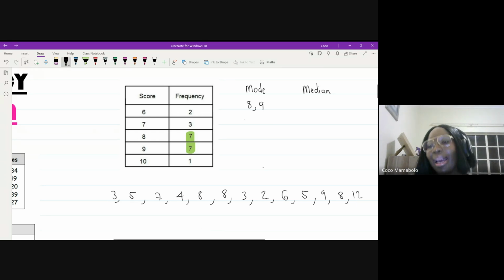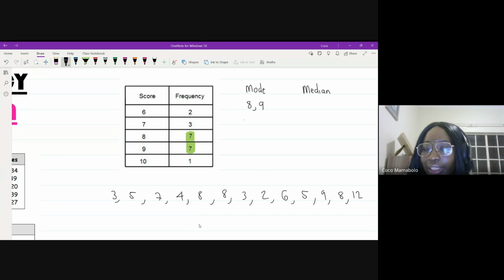Correct. But if I find the number sitting in the middle of all of this information, that's not going to tell me very much. Why not? Because my data is not arranged. What should I do with the data before I look for the middle number?